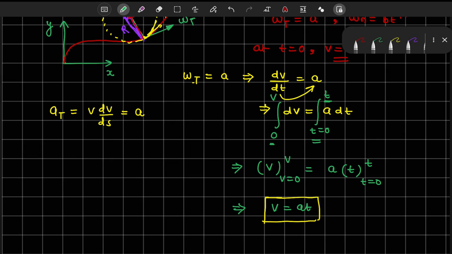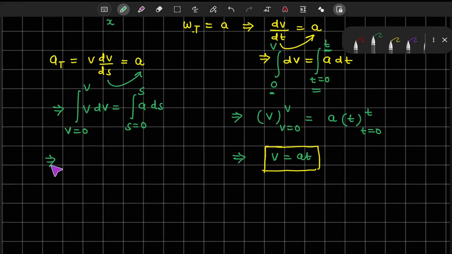Taking ds to this side, we get v dv is equal to a times ds. Integrate both sides from s is equal to 0 to s and v is equal to 0 to v. The integration of v is v square by 2 from 0 to v, equal to a times s from 0 to s.